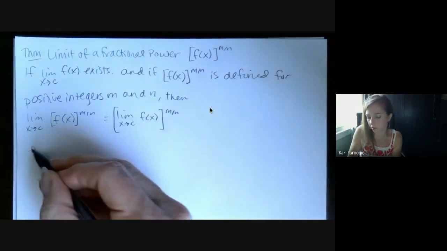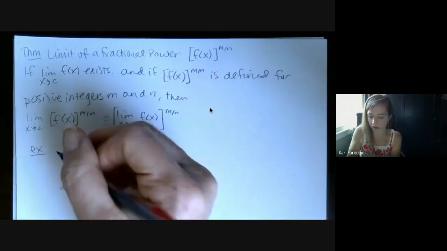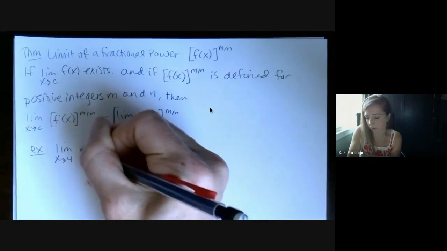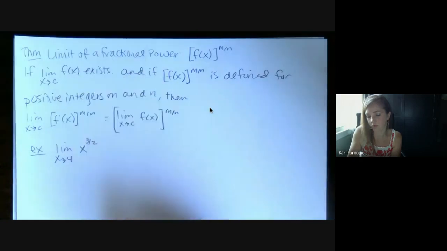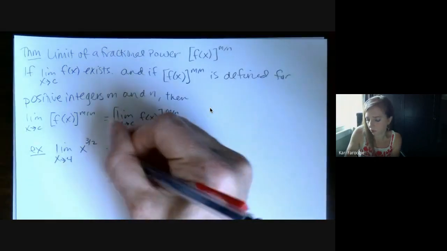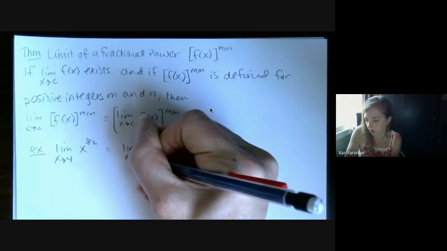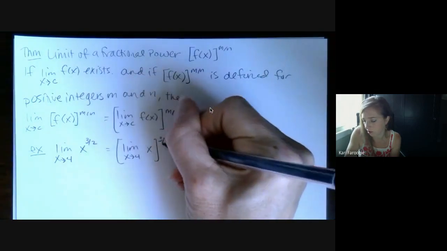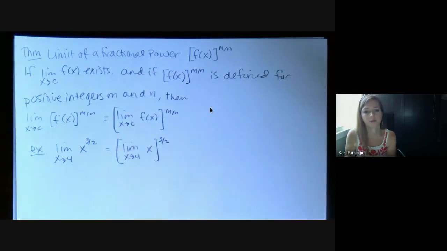The example that would go along with this might be something like the limit as x approaches 4 of x to the 3/2. You could rewrite this as the limit as x approaches 4 of x, and then take the entire limit to the 3/2 power.